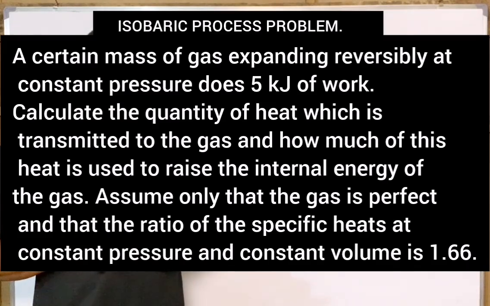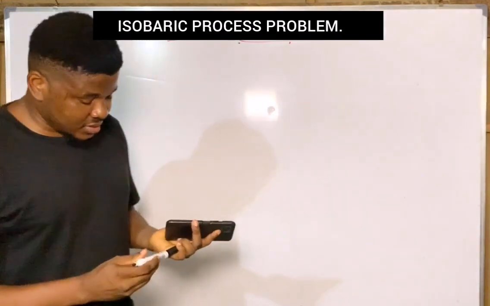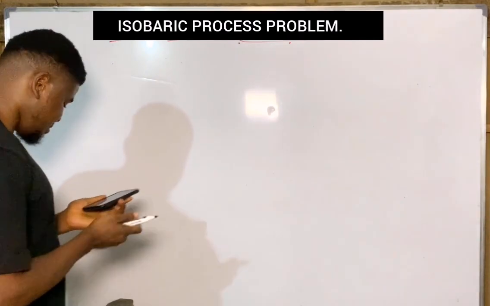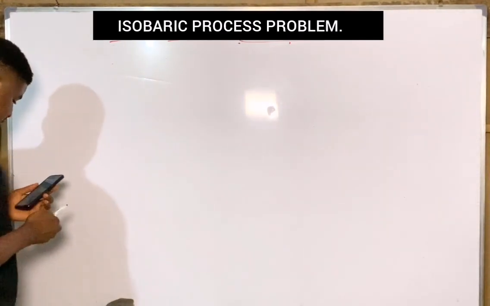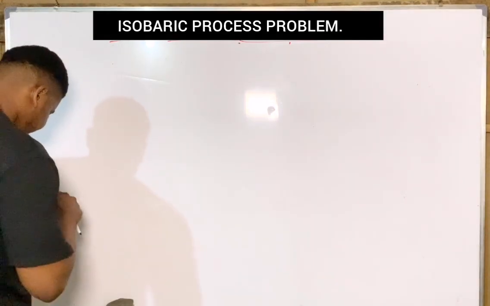Assume only that the gas is perfect and that the ratio of specific heat at constant pressure and volume is 1.66. So first, let's pick out our parameters, everything that was given to us in the question.